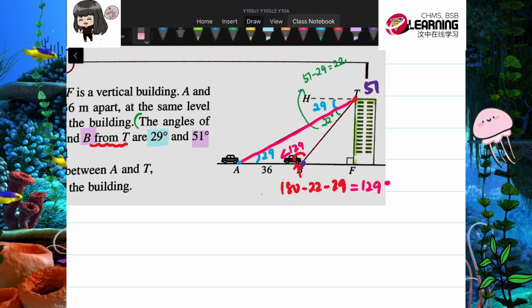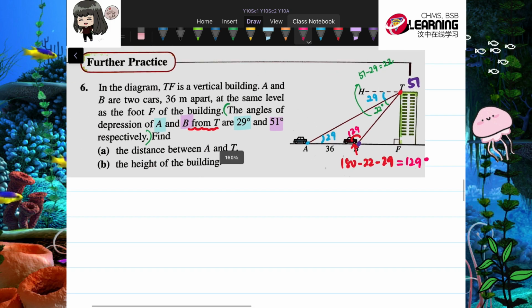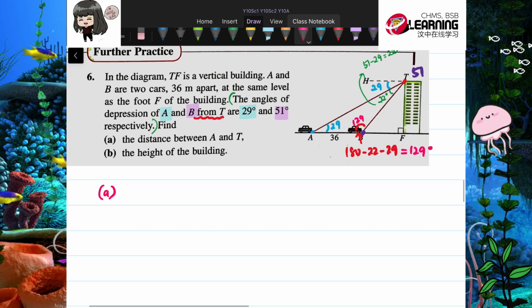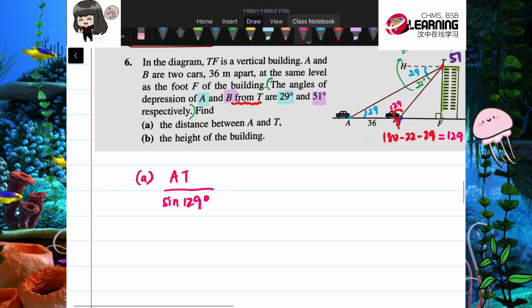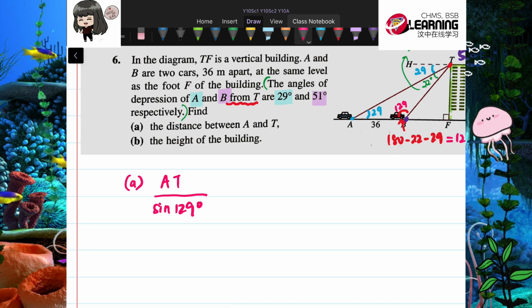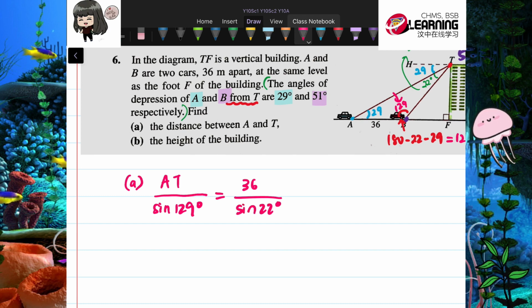So sine rule: AT over sine 129, because the opposite angle for the length AT is 129, equals 36 over sine 22, because the opposite angle for the 36 length is 22.